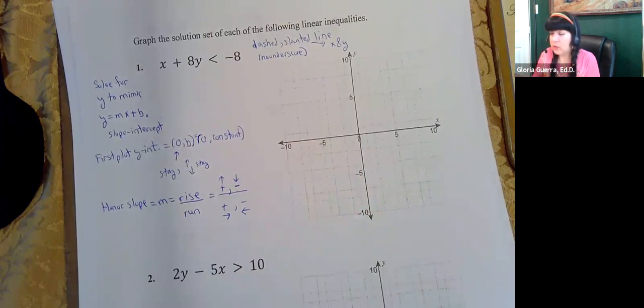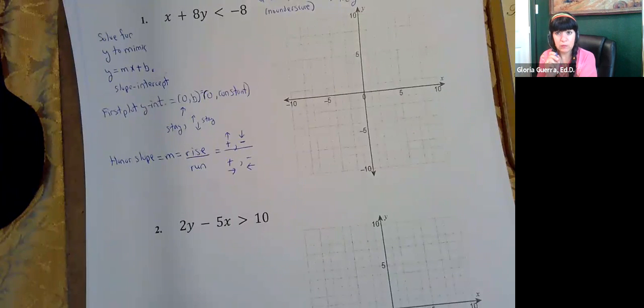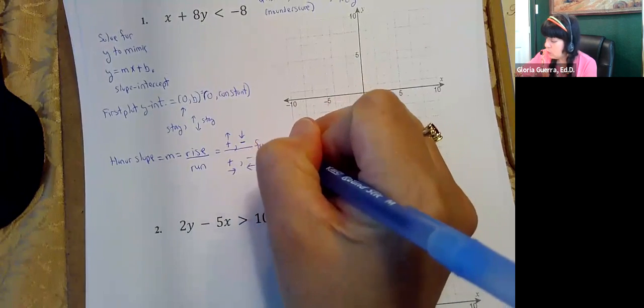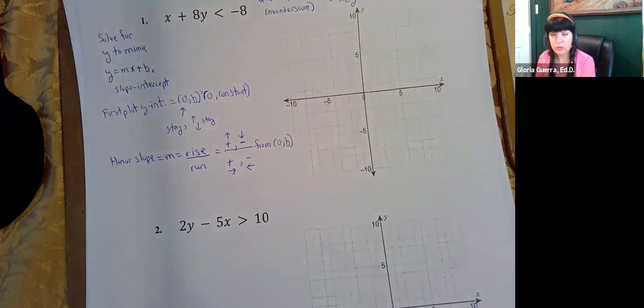Usually you rarely have a negative on the bottom. Teachers train you that if you have a negative in the middle of your fraction, you push it up to the top. So you're usually running right anyhow. And you want to do those slope moves from your 0, b, your y-intercept.